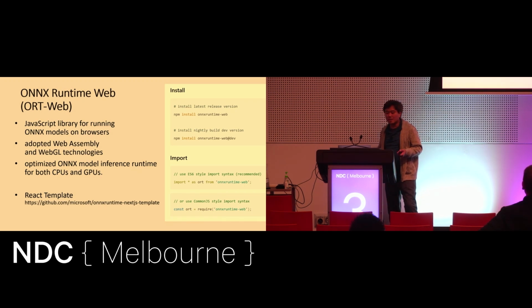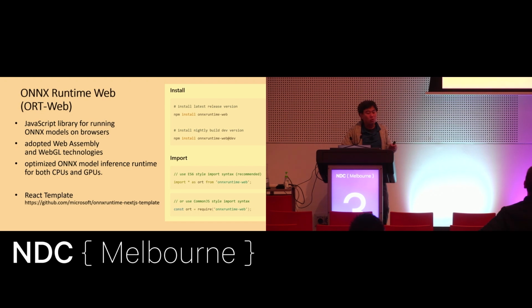In this case, this is a JavaScript library running an ONNX model on the browser itself. It's using WebAssembly and WebGL technologies, and it can run on either CPU or GPU. One interesting thing I found today is that there is also a React template.